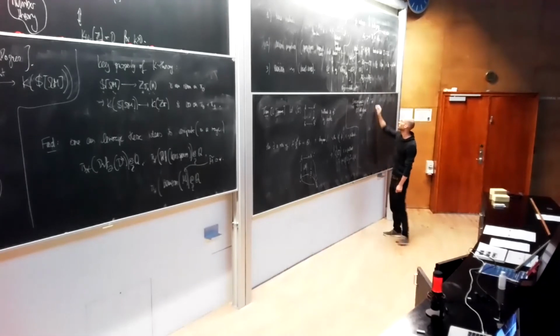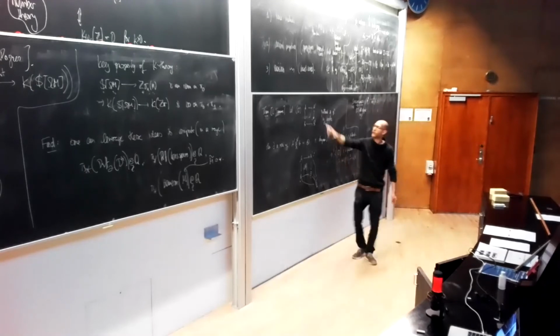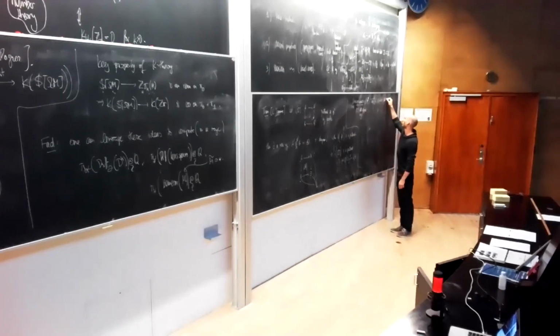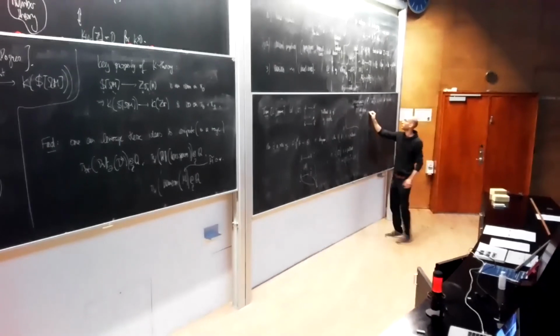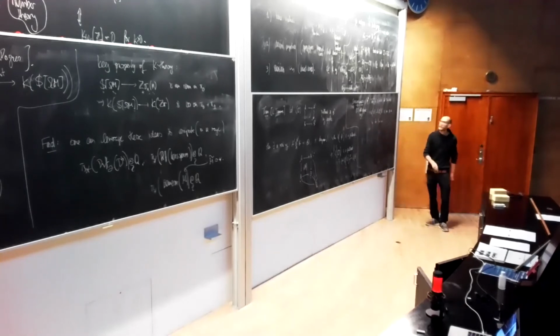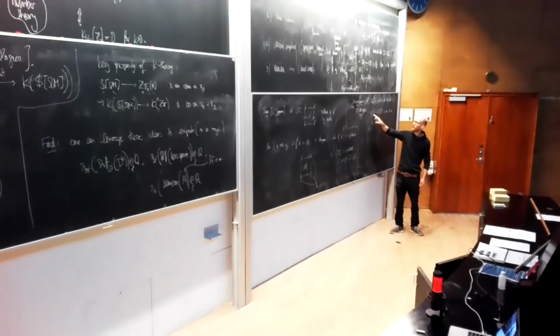So if you're in this situation, and you happen to know that the Tor groups for A prime and B over A, right, A prime and B are modules over A, vanish for the range 1 less than or equal to i less than or equal to n, then you will prove that this map is an equivalence, which has to do with the fact that we can just calculate the homotopy groups of this ring. They are just given by these four groups.